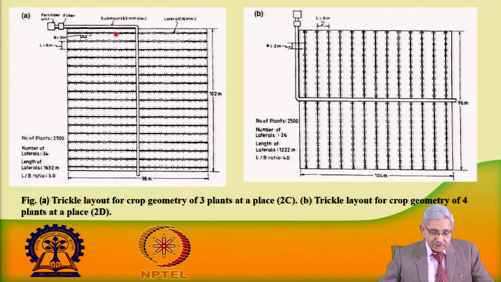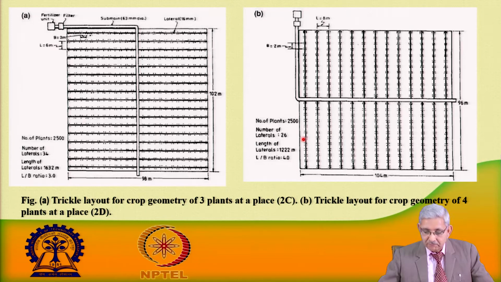In this way of planting, the number of plants per hectare is 2500, the number of laterals used is 34, and the layout of the field is 98 meter wide and 102 meter long. This is one combination.